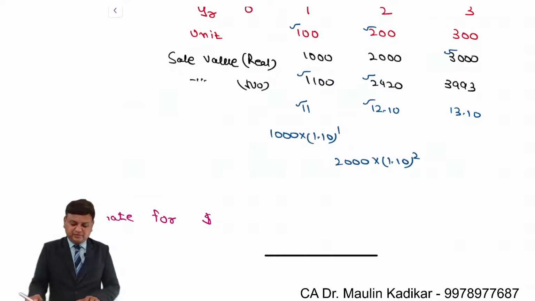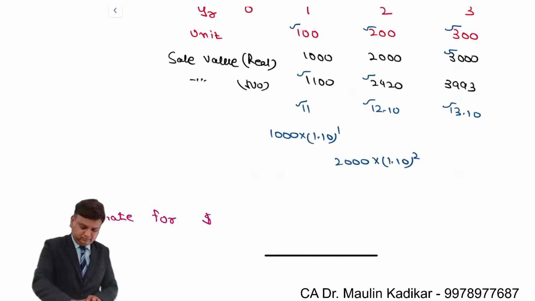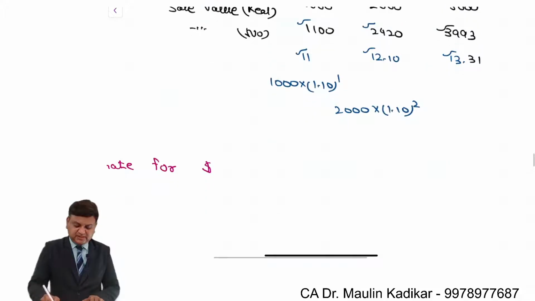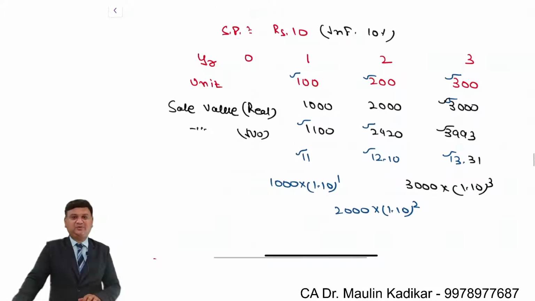These 300 units have been sold at 13.31. So 300 into 13.31 is 3993, which I have found directly as real sales value 3000 into 1.10 raised to 3. This is the way I have calculated it.